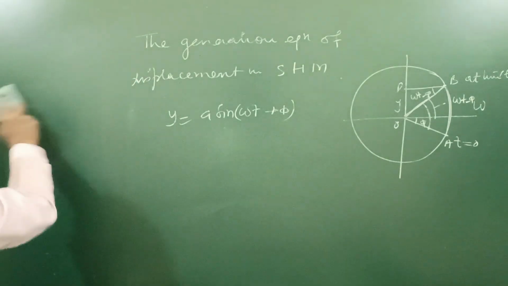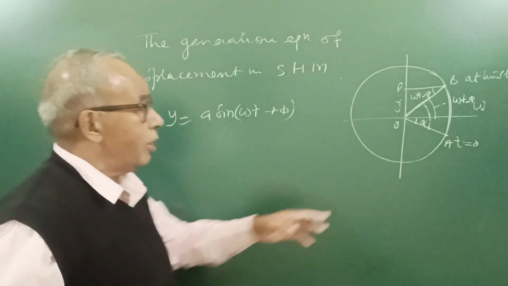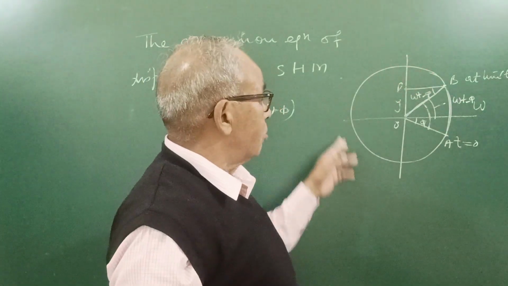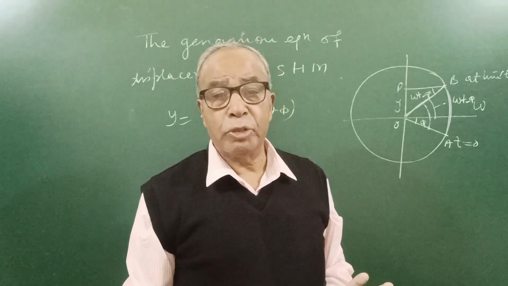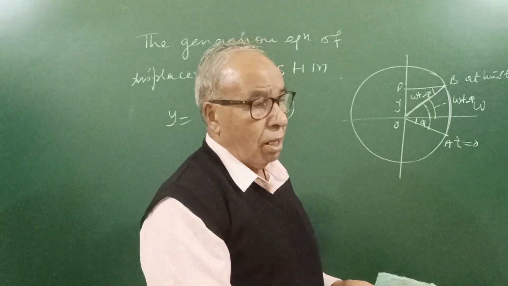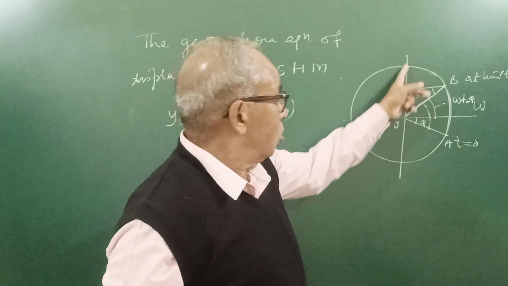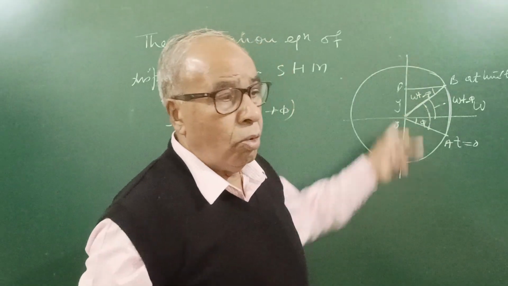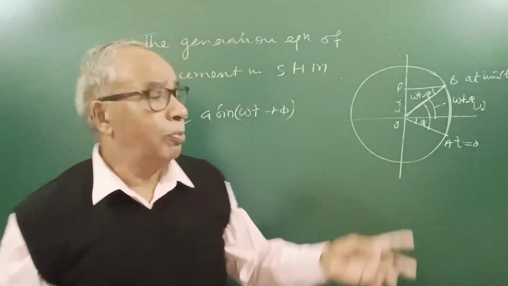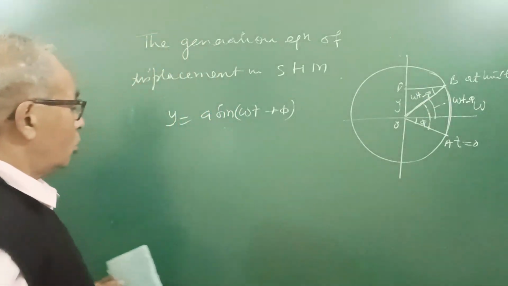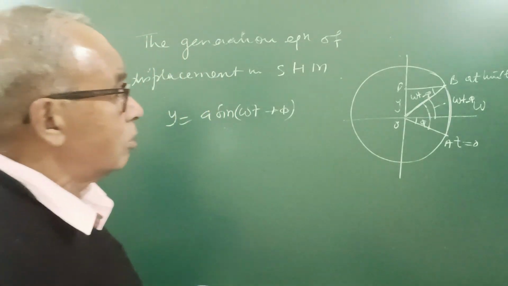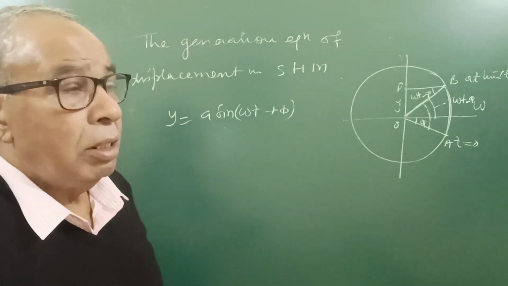But remember the characteristic of SHM. Don't think that this motion is yes or no. Simple harmonic motion always takes place along a straight line, to and fro about a fixed point, in such a manner that acceleration is proportional to displacement and has direction towards the equilibrium position.